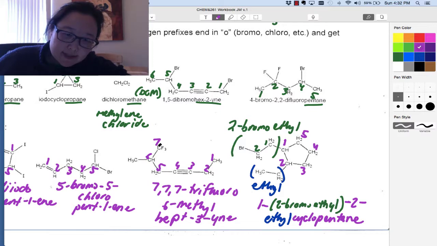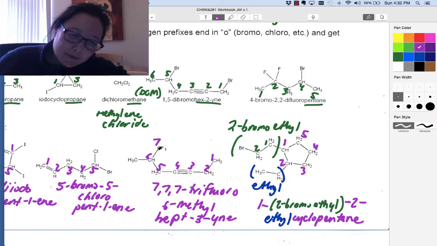7, 7, 7. Wow, okay. 1, 2, 3, because I want this to happen at 3, not 1, 2, 3, 4, or 1, 2, 3, 4. So better to go this way because of the triple bond. That's what we mean by triple bond has priority over halogen. And good thing this is not at carbon 6, or we'd have carbon 6, 6, 6 trifluoro, but no, it's 7, 7, 7 trifluoro.